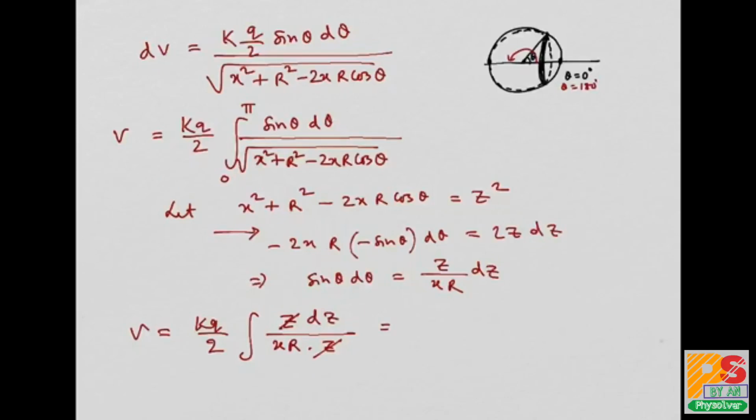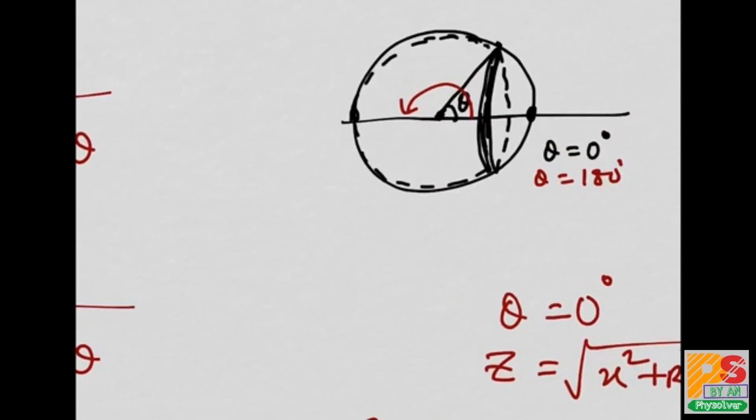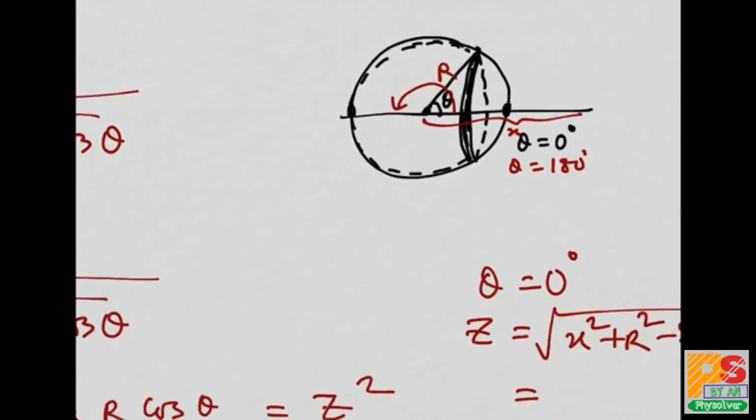When theta equals 0 degree, z equals root over of x square plus r square minus 2xr. Look at this, the value of x is the whole distance and the radius is just this, so the value of x is greater than r in case 1.